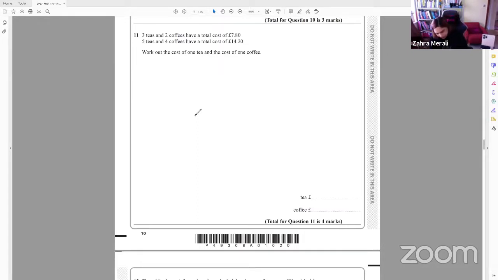I'm going to call the teas the letter T and the coffees the letter C. So I get 3T plus 2C equals 780. I'm not going to bother with the zero, I should put the zero. And then I've got 5T plus 4C equals 1420.